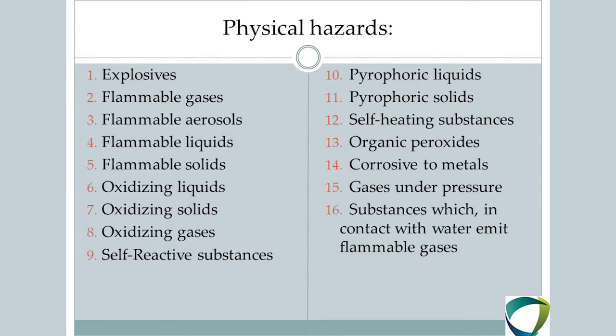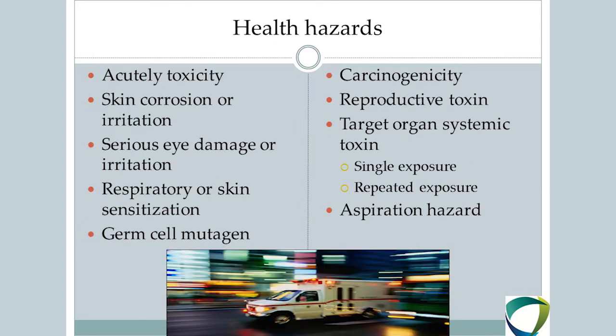A chemical is a physical hazard if it can damage the workplace environment. This means chemicals that are classified as having one or more of the following hazardous effects: explosive, flammable, oxidizing, self-reactive, self-heating, and others. A chemical is a health hazard if it can cause an illness or other health problems.